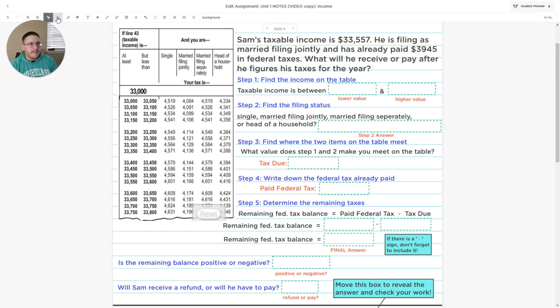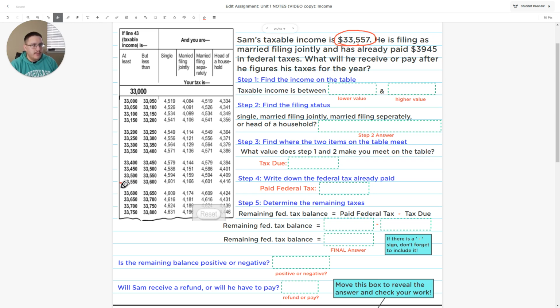So first off, find the income on the table. His taxable income has to be between two numbers that encompass $33,557. So I'm going to look for $33,557. Looks like it might be here.